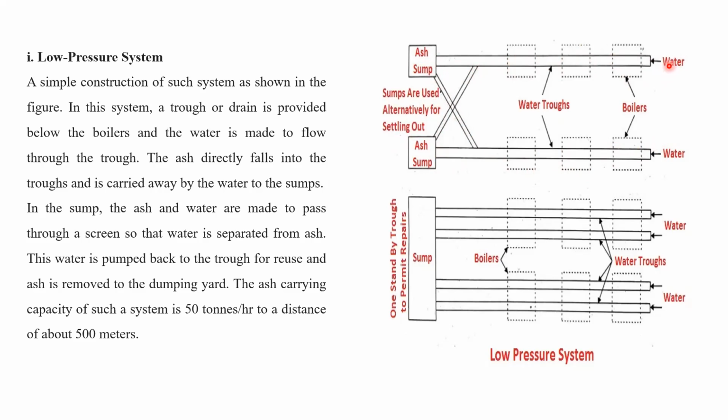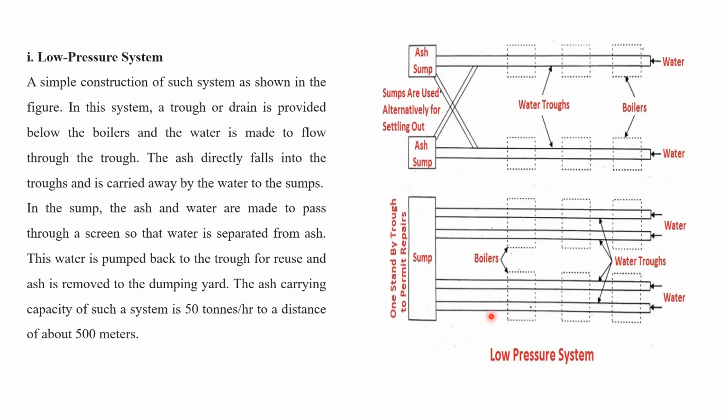High water velocity can be obtained with the help of a pump or hydroejectors. We were having hydroejectors. With the help of hydroejectors, this ash is being disposed to the ash sump through the troughs. So same thing is here.